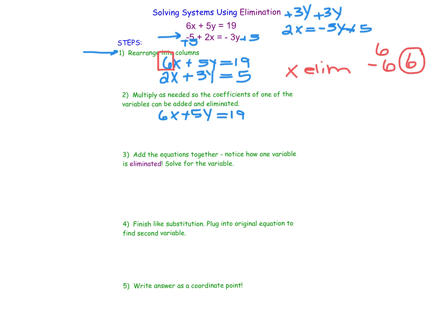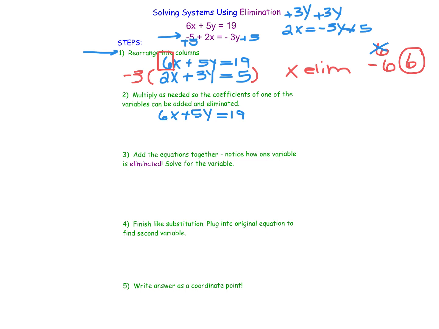The second equation then, because I've already used up this positive 6, needs to have that coefficient of x become a negative 6. So I'm going to multiply this second equation through every item by negative 3. And by doing so, I'm not changing the integrity of the problem. I'm multiplying everything in there by a negative 3, so it's like I'm multiplying both sides of the equation by a negative 3.